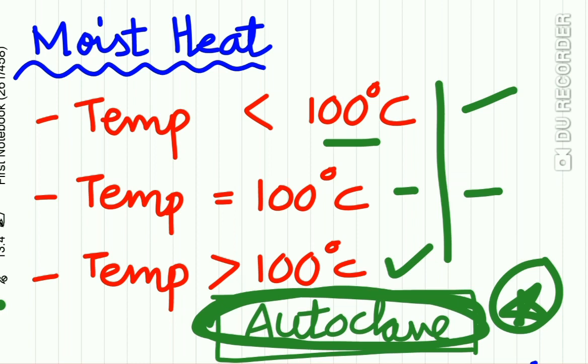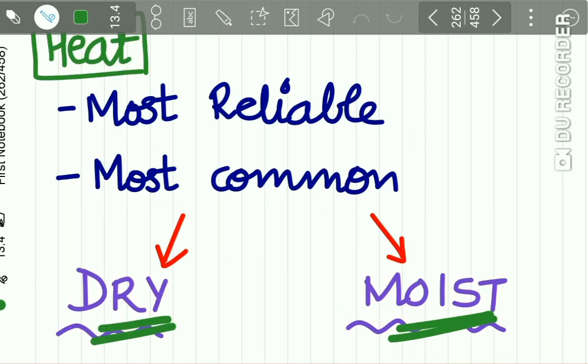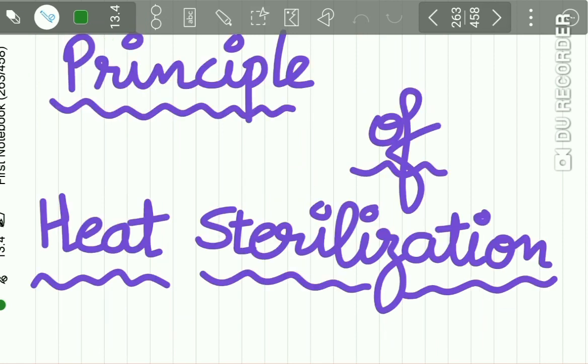When moist heat is used at a temperature more than 100 degrees Celsius, we use it in autoclave. So heat is the most reliable and the most common method employed for sterilization. There are two types of heat used, the dry heat and the moist heat.